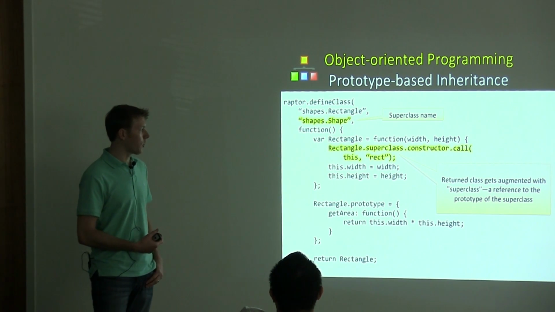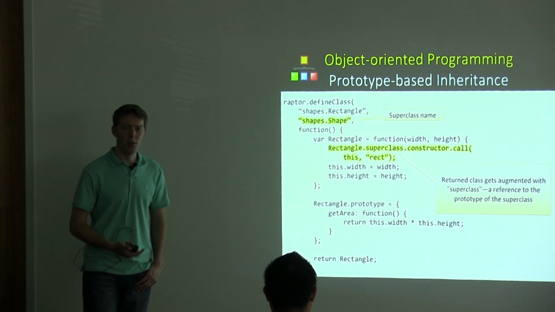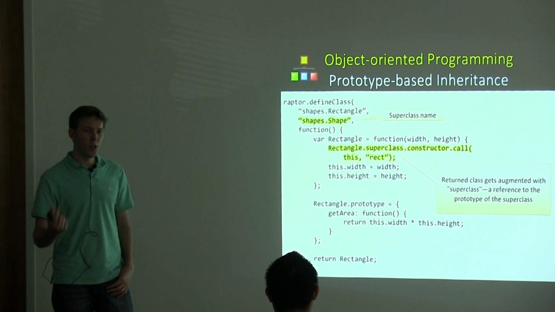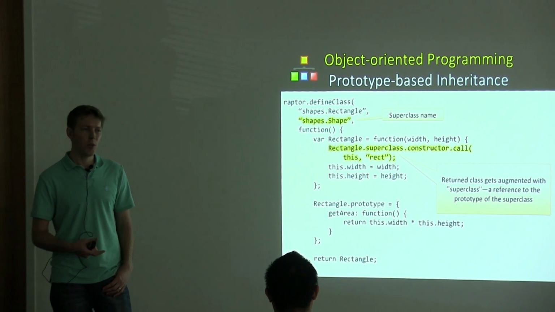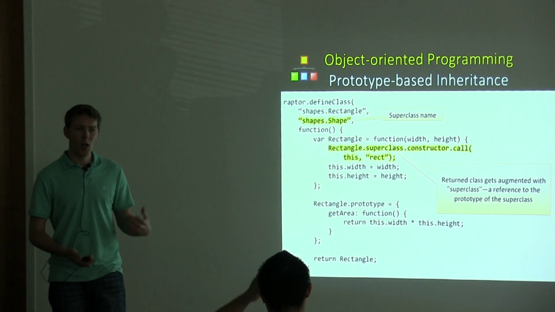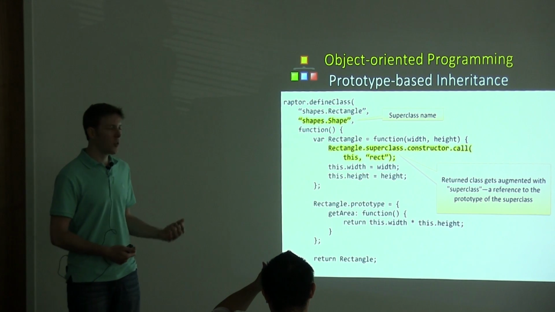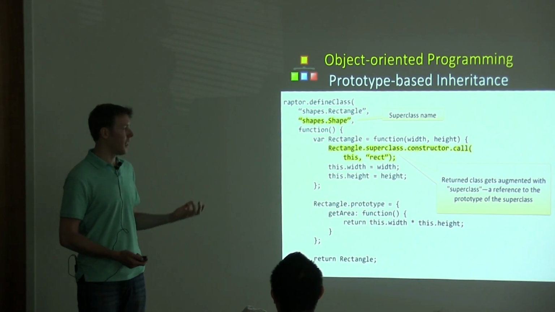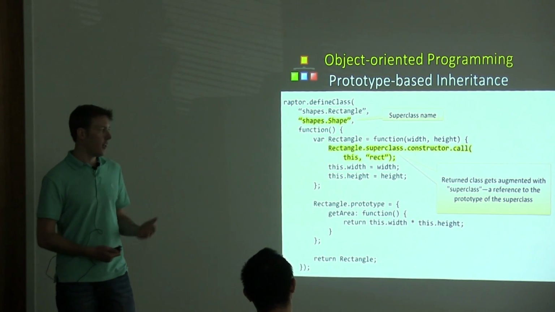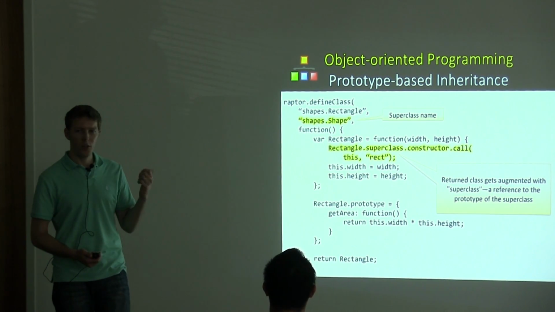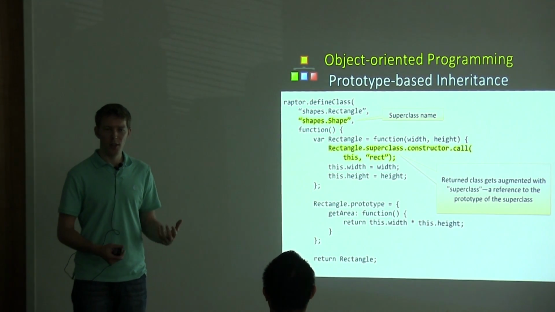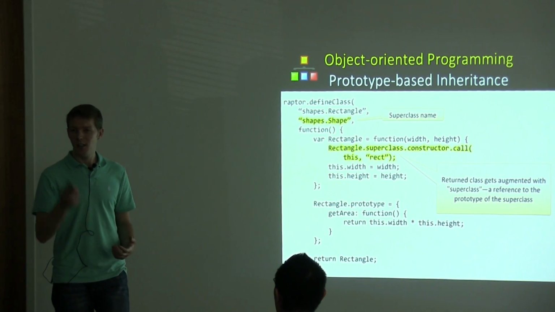We also have a nice little trick for invoking methods or properties in the superclass: the returned class constructor function gets augmented with a reference to the prototype of the superclass. So you can use that same local variable that you return to call, in this case, Rectangle.superclass. In this example, I'm only invoking the constructor function of the superclass, but you can invoke any property or method of the superclass. Yes, go ahead.